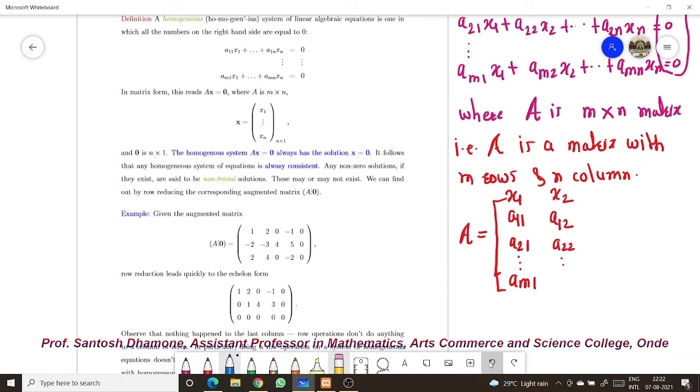The homogeneous system Ax is equal to 0 always has the solution x equal to 0.